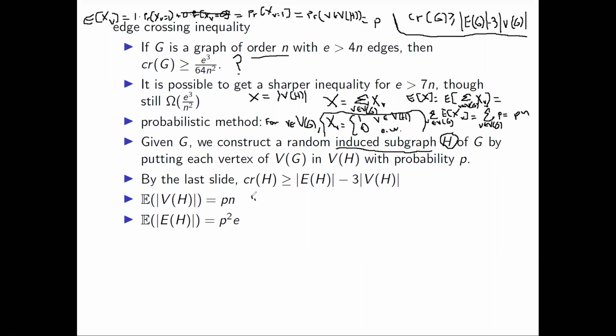So we'll define the random variable Y, let's say, the cardinality of E of H. And for each of the edges in the edge set of G, so for each e in that edge set, we will define these indicator random variables.